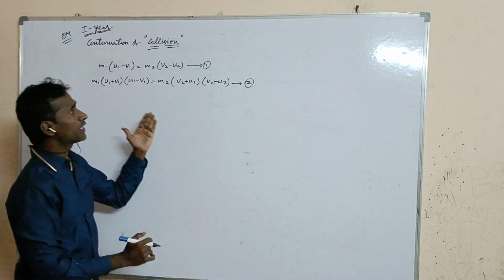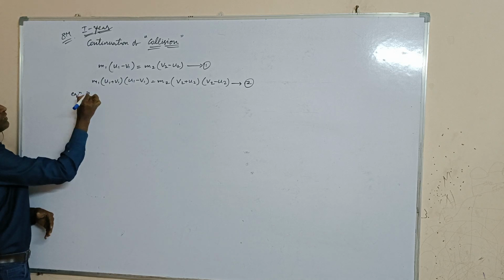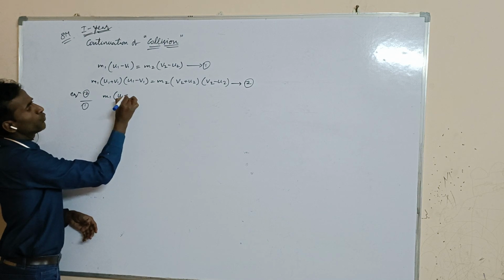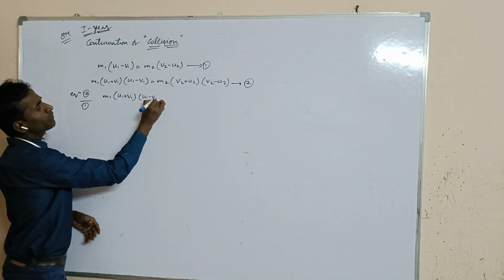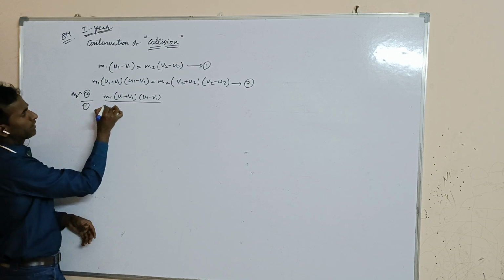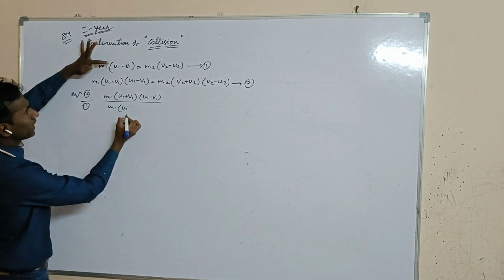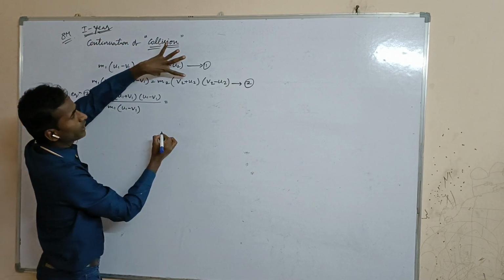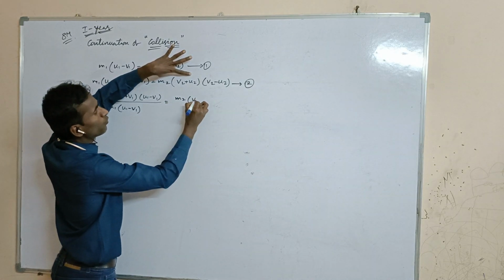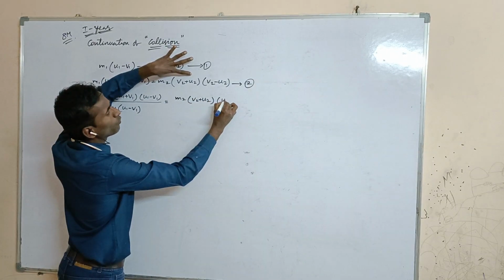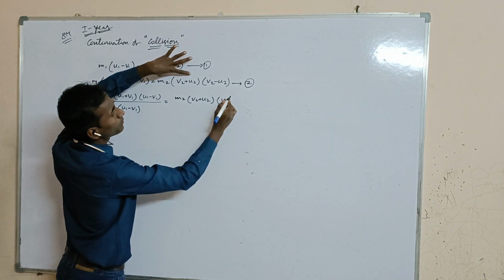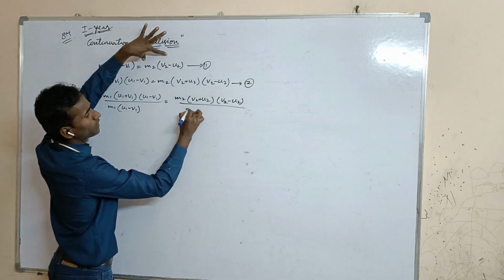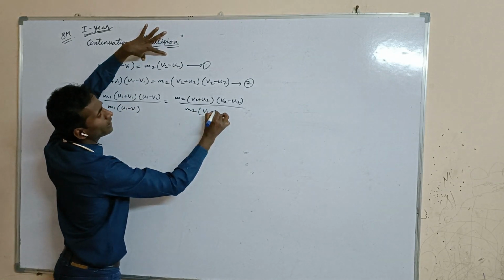Now we are going to do equation 2 by equation 1. Equation 2 is m1 into (u1 plus v1) into (u1 minus v1), divided by equation 1, that is m1 into (u1 minus v1). Is equal to, again we write the second equation, m2 into (v2 plus u2) into (v2 minus u2), divided by the first one, m2 into (v2 minus u2).